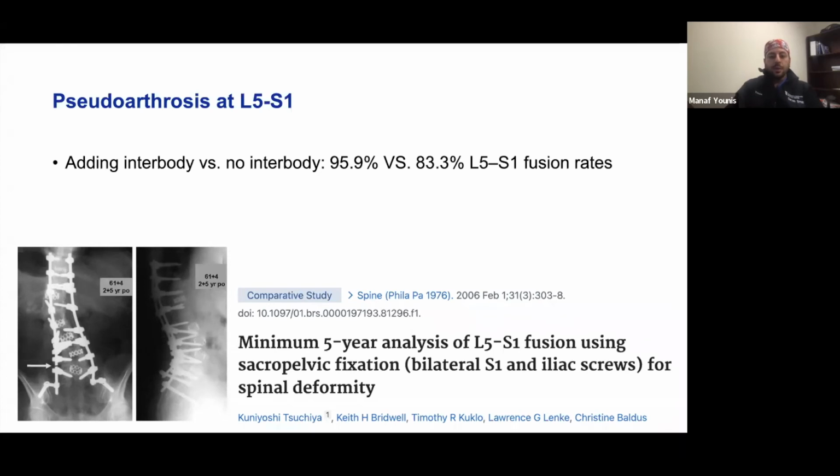Due to the long follow-up with a minimum of 5 years and relatively large sample size in this study, this has contributed to the evolution of using interbody fusion more often in deformity surgeries.